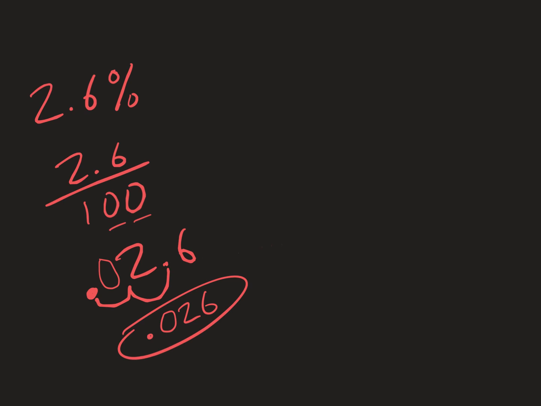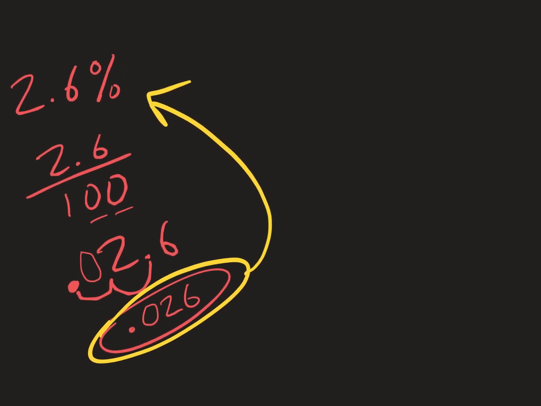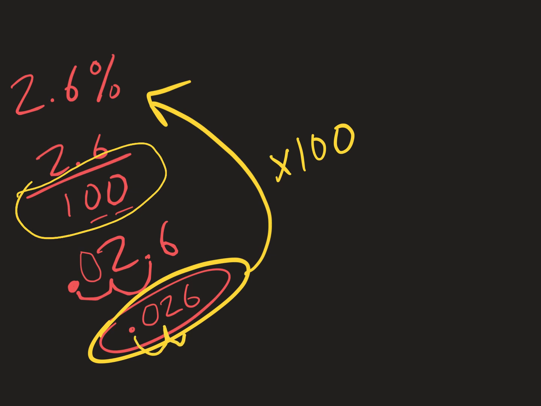The opposite is true. If I'm going from a decimal to a percentage, instead of dividing by 100, I'm going to multiply by 100. That means shifting the decimal point to the right twice since there are 2 zeros.